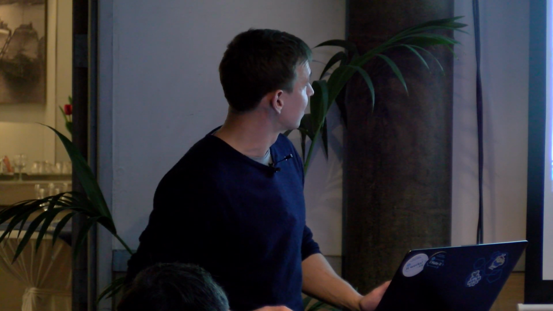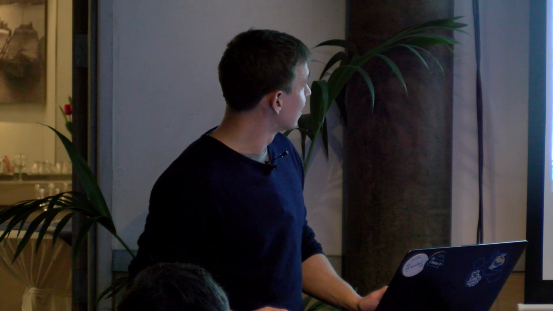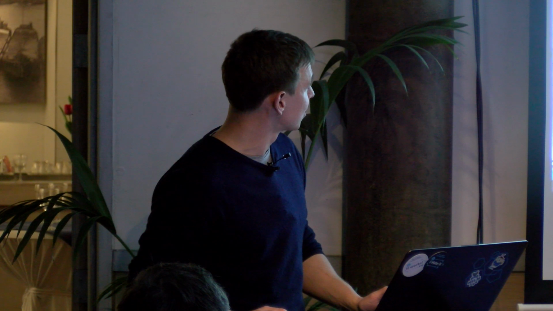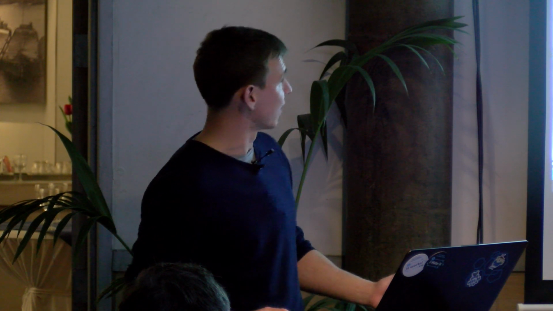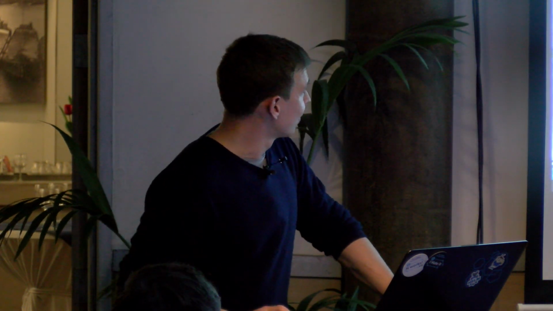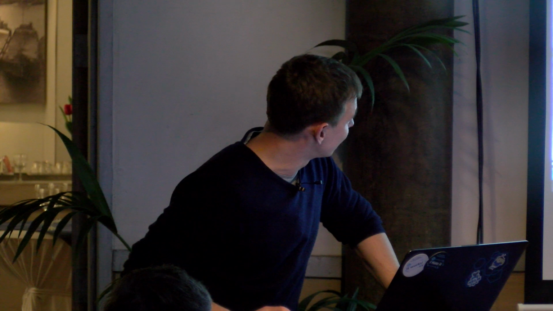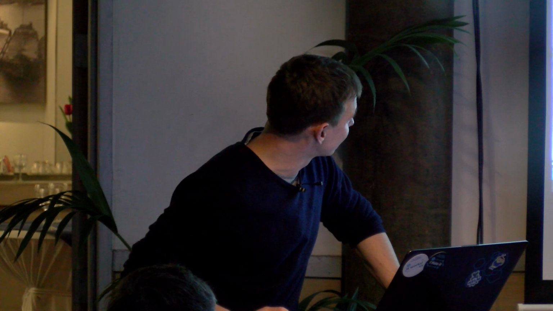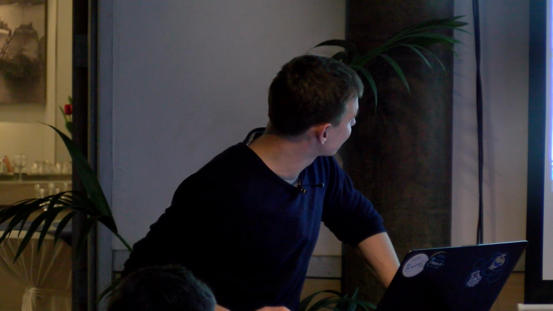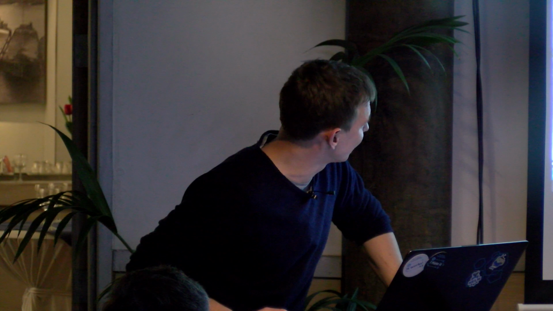Let's check. So we call this, we check the status, and it's failed. Okay, but at least it doesn't hang. Why did it hang? Okay, it says that, oh, it cannot use the bitmap.